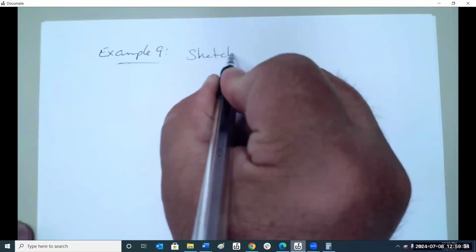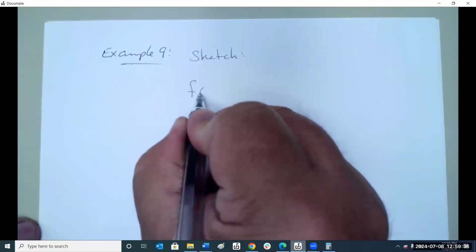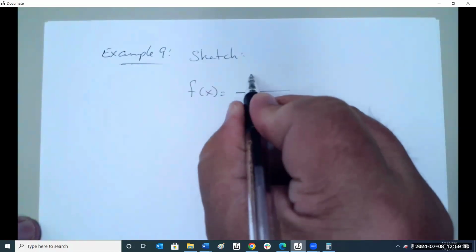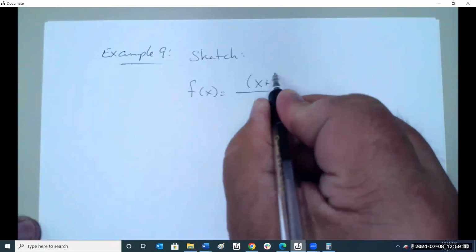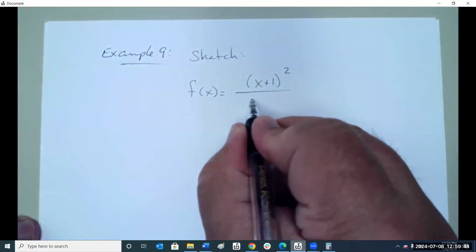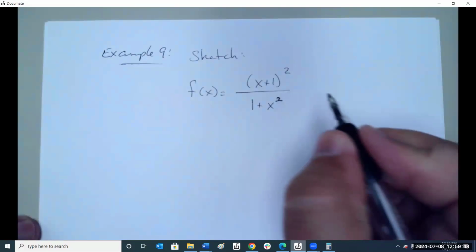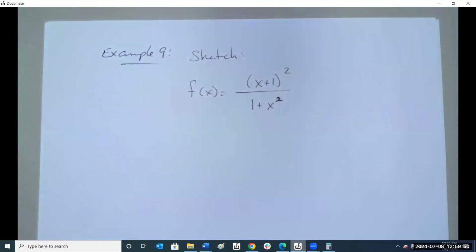Example 9. Sketch the graph of (x plus 1) squared over (1 plus x squared). Okay.